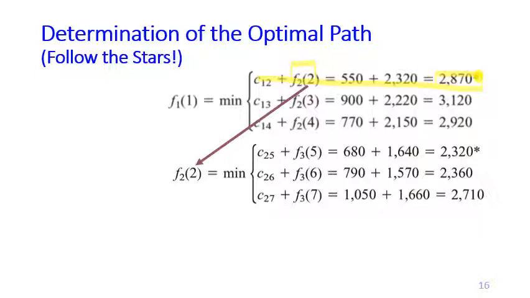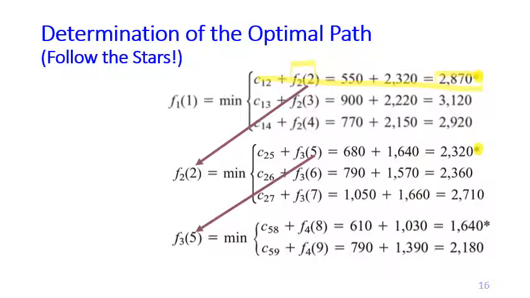And you look at your computation of F22, and then you have an asterisk in this row, which corresponds to F35. So then you go to F35. Take a look at the asterisk again, and then it is here, corresponds to F48, and then you go to F48.